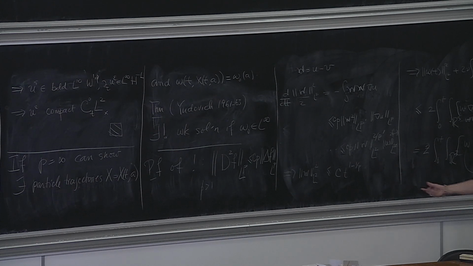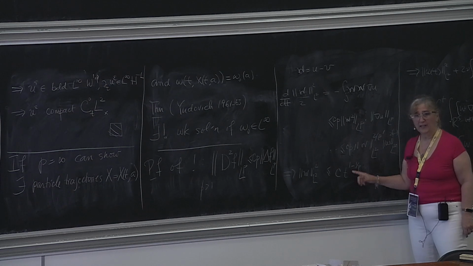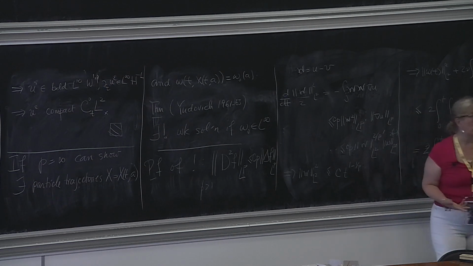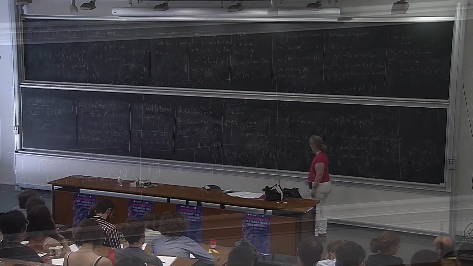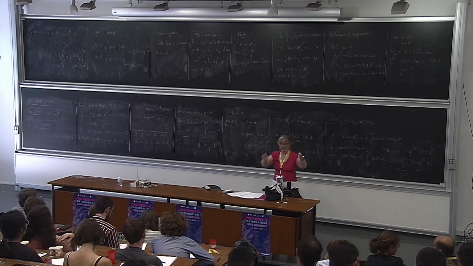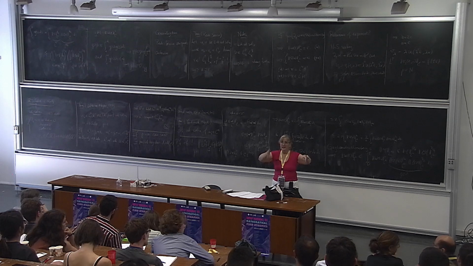So this is going to be a positive exponent for any p greater than 1, and I just take t small. And then I send p to infinity. That's it. And in the end, you show that over a small time period, w is 0. Then you start over.